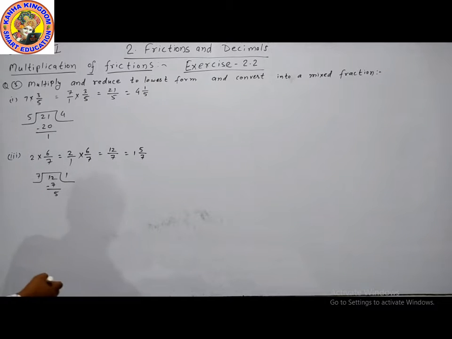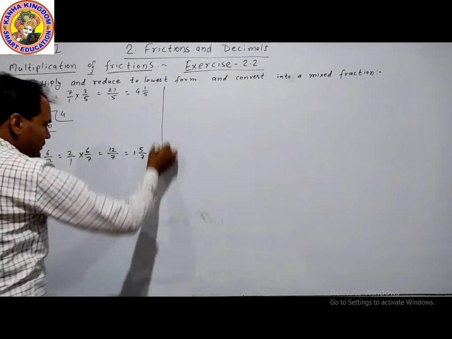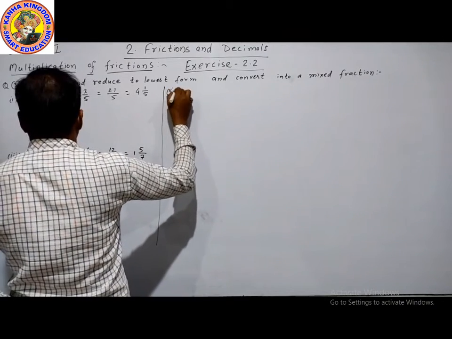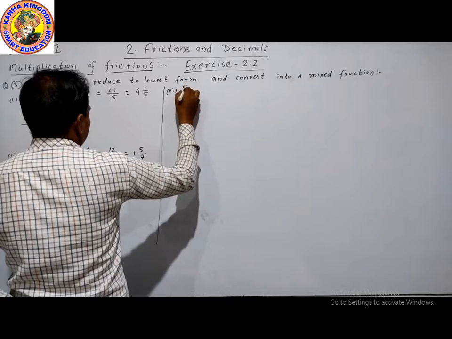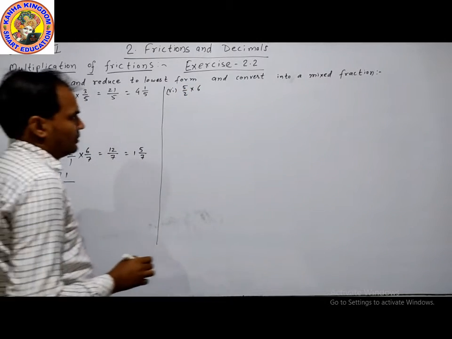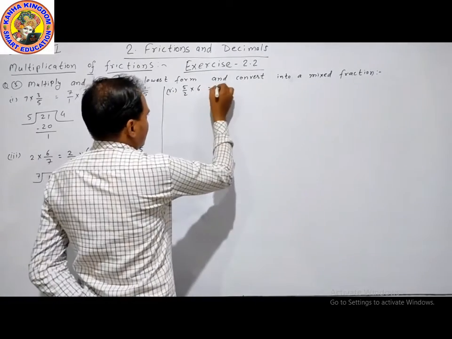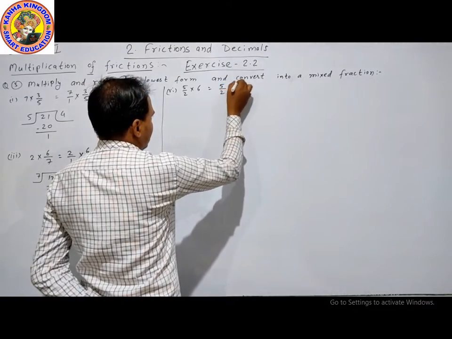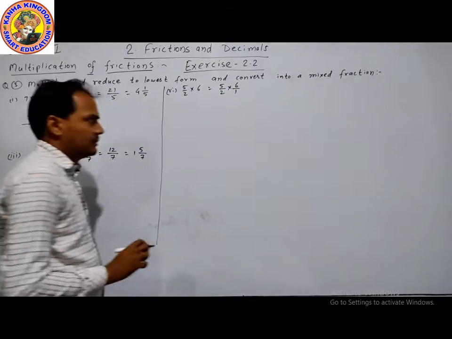Now taking another question. Question number 6: 5 by 2 into 6. First of all, we will convert it into a fraction number.